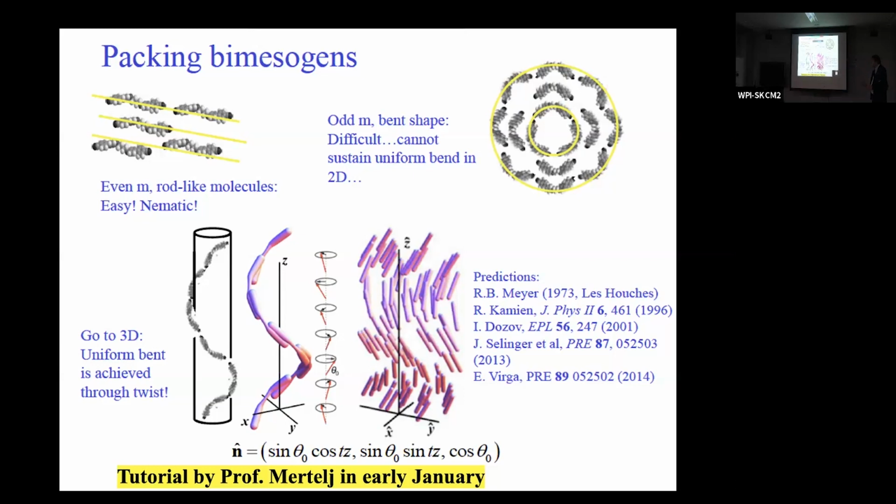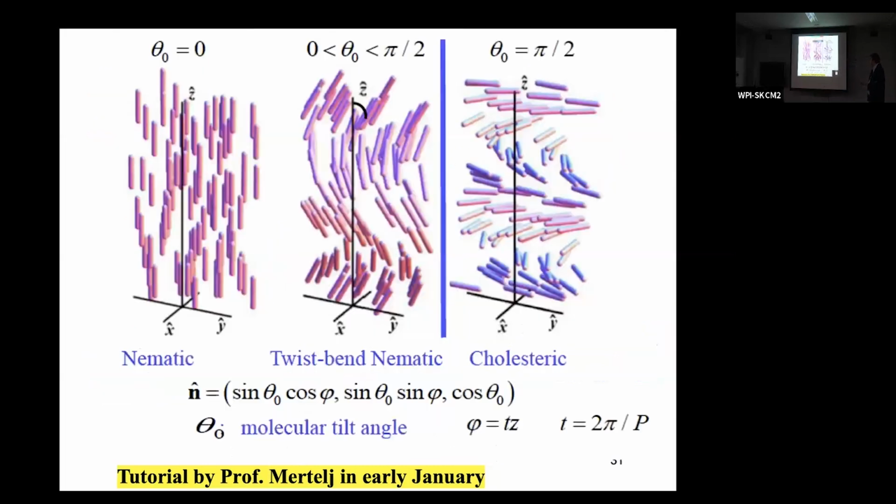So we can define this equilibrium configuration by, say, parameterizing the local director as depicted in here. And then in the limit when this cone angle theta 0 is equal to 0, we get the nematic phase that is non-chiral, that we saw earlier, just the rods pointing in the same direction.